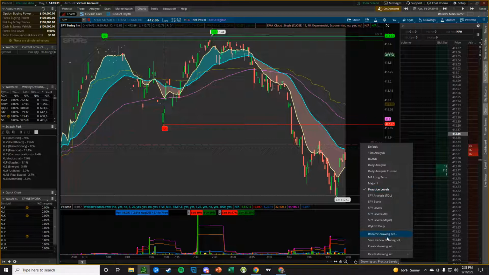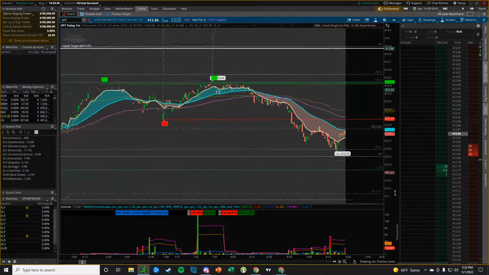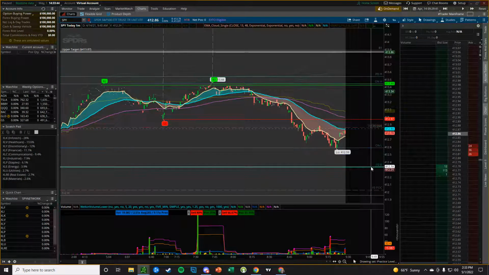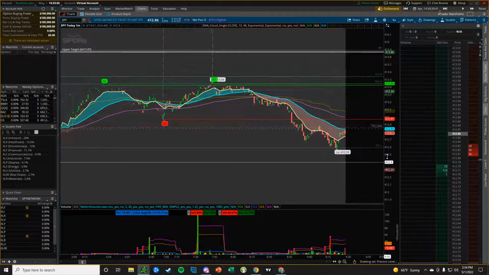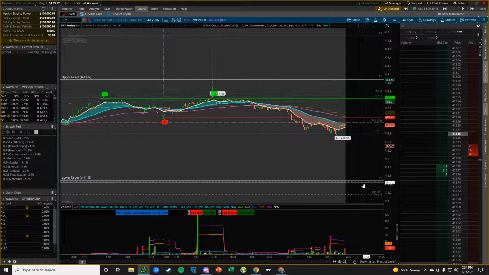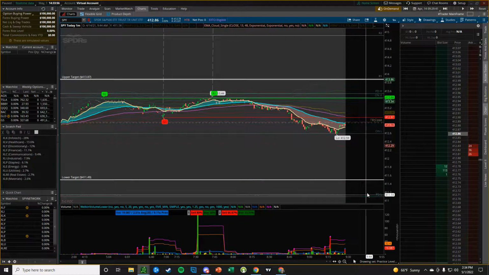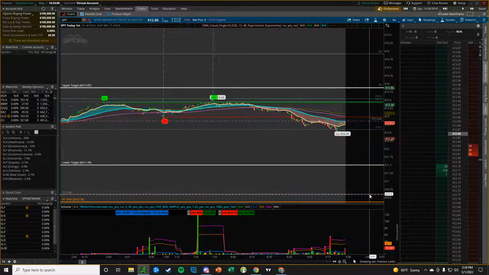All right, so we've got our practice levels. Save as a new drawing set. Practice levels major. And we're going to go ahead and delete all the lines that we don't need as part of our minor levels, just to clean up some of that clutter for our other charts.